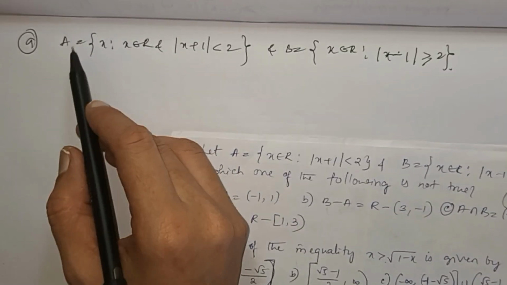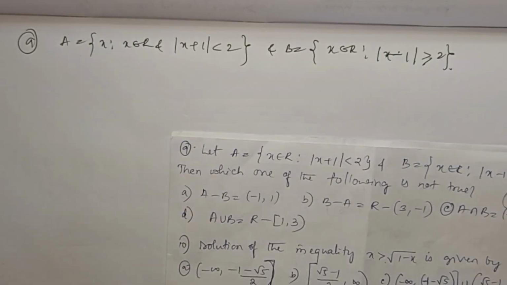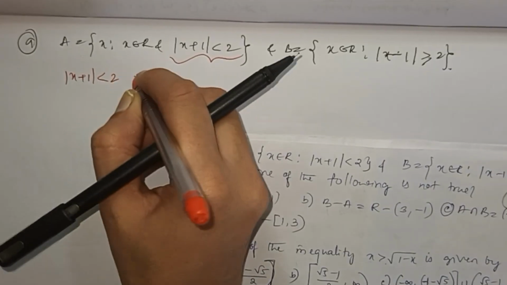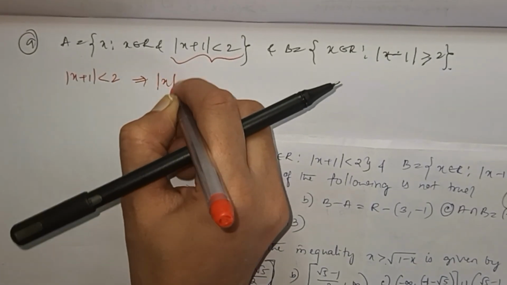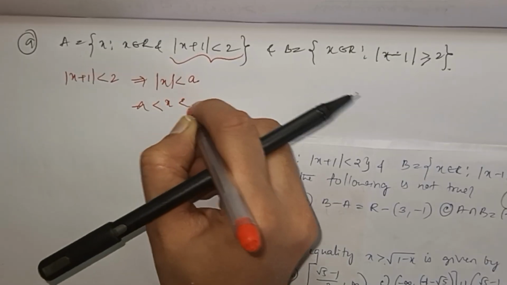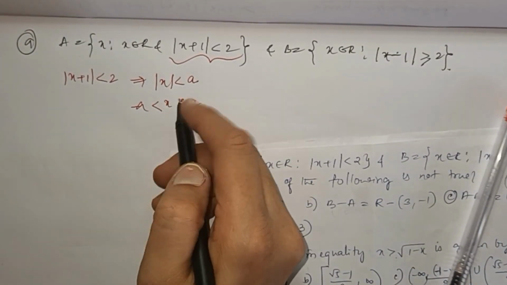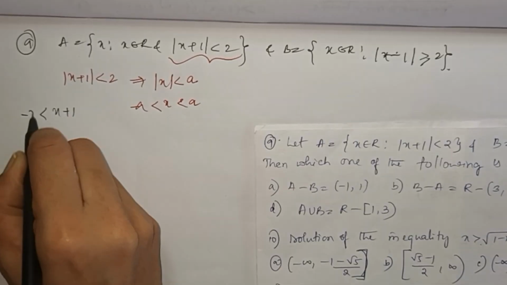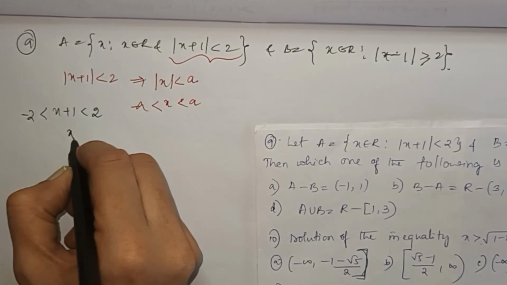So what is the set A? It is the solution of this inequality. You know that the solution of |x| < a is -a < x < a. This property of the modulus function has to be applied. So -2 < x + 1 < 2.